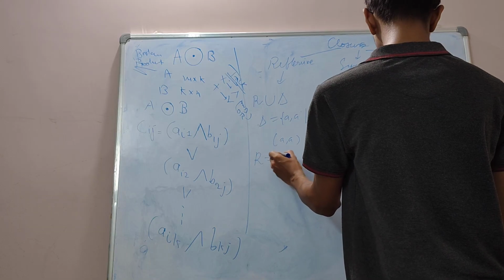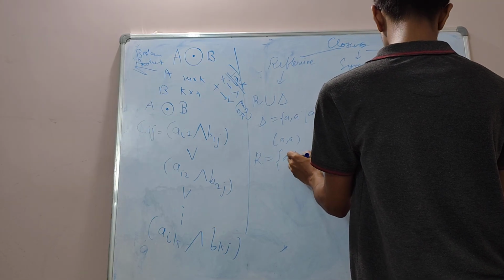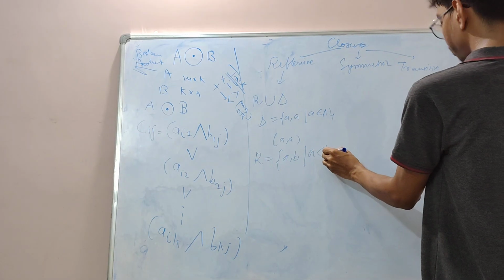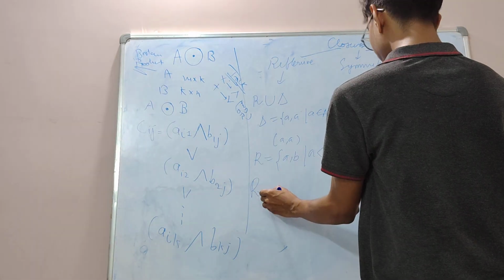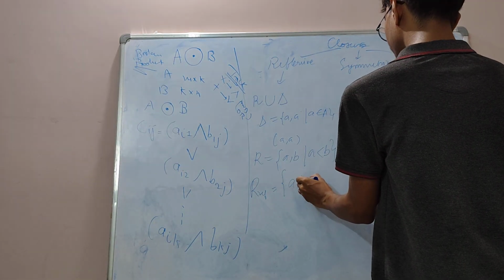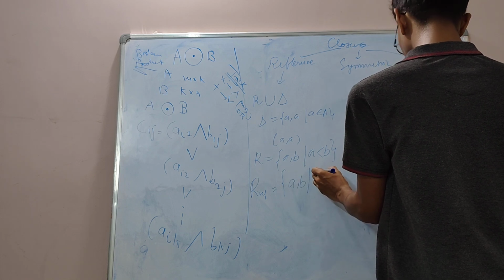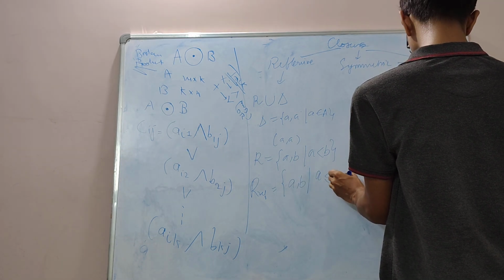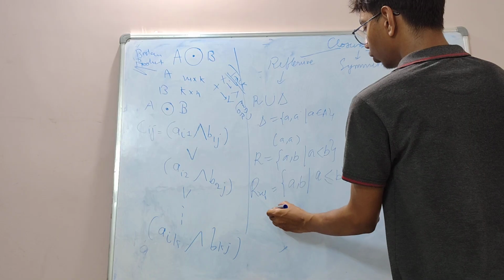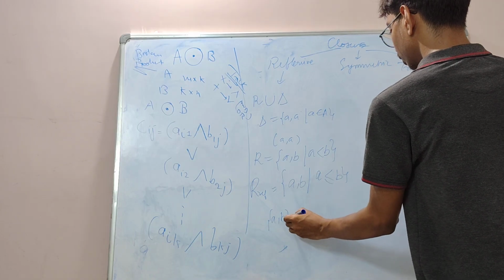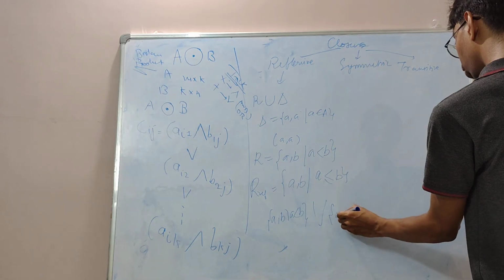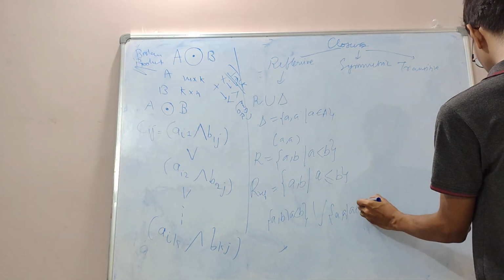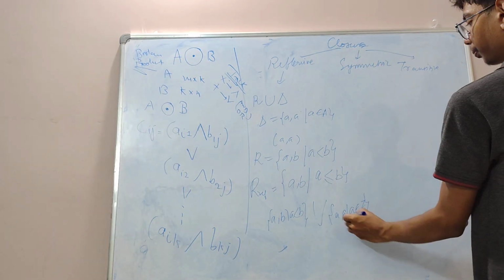Suppose R is my (a, b) such that a is less than b on integers. So R reflexive will be (a, b) such that a is less than or equal to b, because I will take union of (a, b), a less than b, union (a, a), a belongs to Z, right?